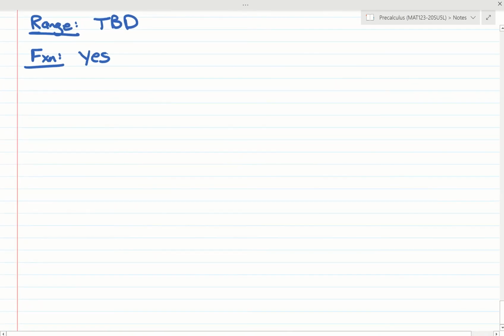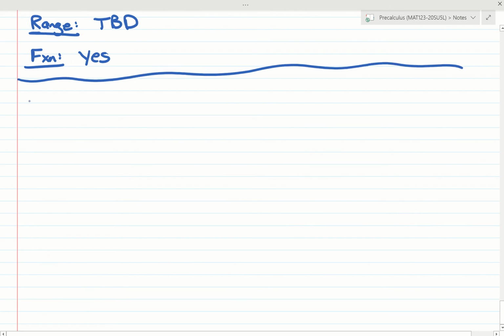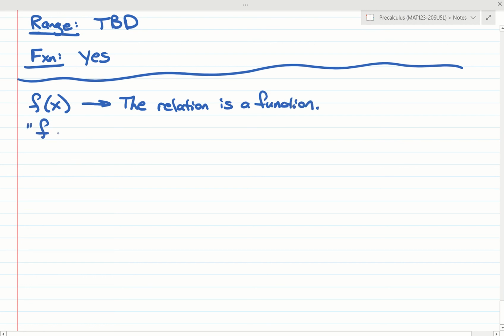Let's move on to something a little bit different. You might have seen the notation f parentheses x. This just means that the relation is a function. And it's read f of x, or function of x.